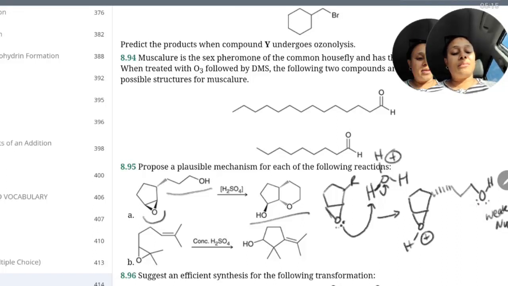Since my stereochemistry here is a wedge, that's going to force my molecule to attack from underneath the epoxide that's on the wedge. Since the wedges are coming towards me, the nucleophile has to come from underneath. So it's going to come underneath, attacking that carbon, opening the oxygen.